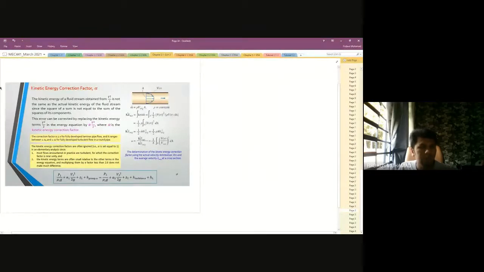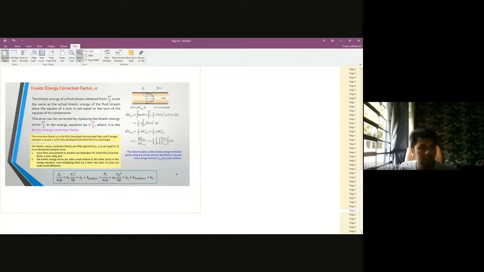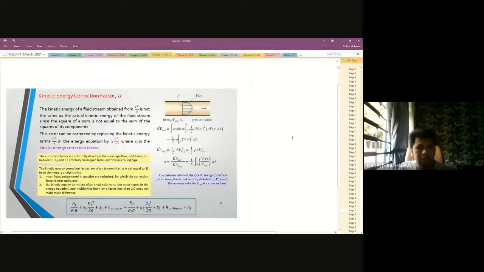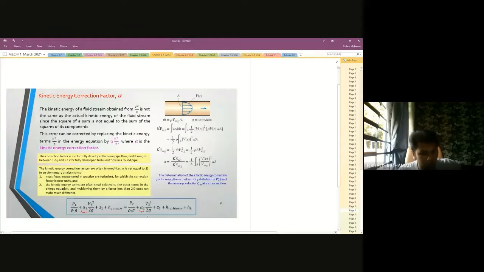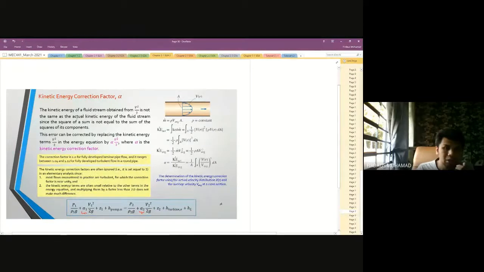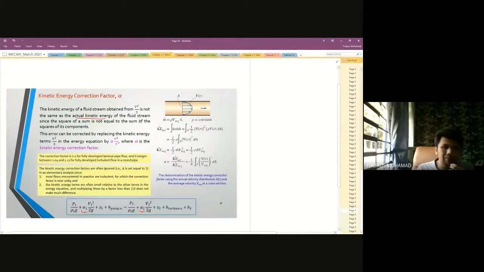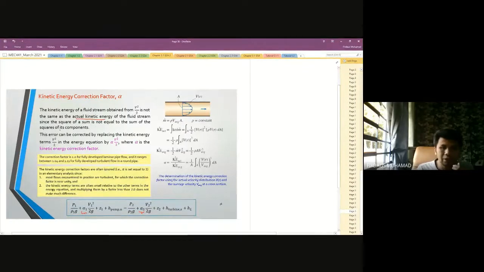Okay, so dalam energy equation kita apply the kinetic energy correction factor, okay, alpha. So kat mana nak apply alpha? Dekat sini, alpha 1 V1 squared over 2g, alpha 2 V2 squared over 2g. Okay, so what is kinetic energy correction factor? Okay, so the kinetic energy of a fluid stream obtained from V squared over 2 is not the same as the actual kinetic energy of the fluid stream, since the square of sum is not equal to the sum of the square of its component.